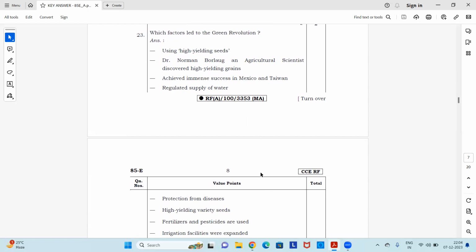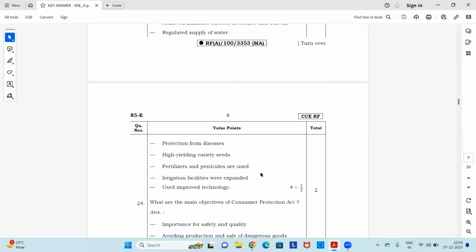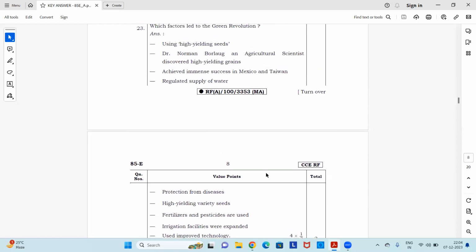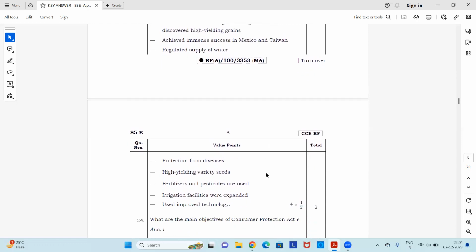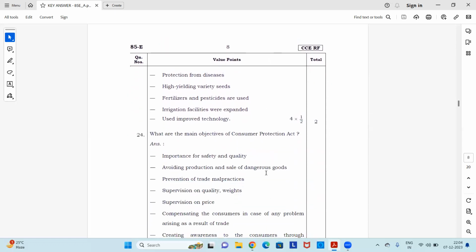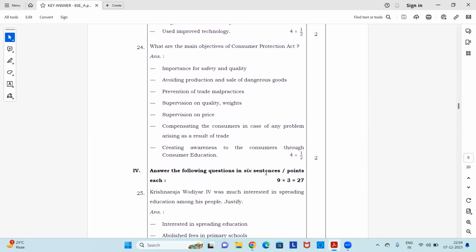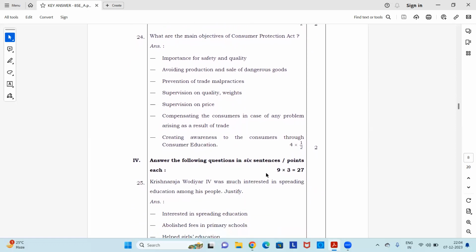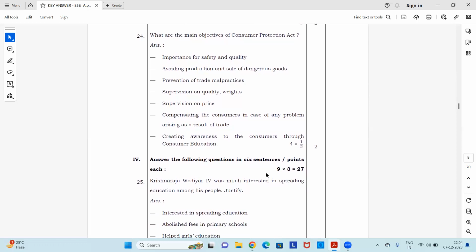Protection from diseases, high-yielding variety seeds, fertilizers and pesticides were used, irrigation facilities were expanded, used improved technology. So again, these are the key points, and this led to the Green Revolution. Again, any 4 points because it's a 2-mark question. Okay, next. If you're finding it going very fast, you can pause it, and you can go through the answer again. Okay, my dear viewers.